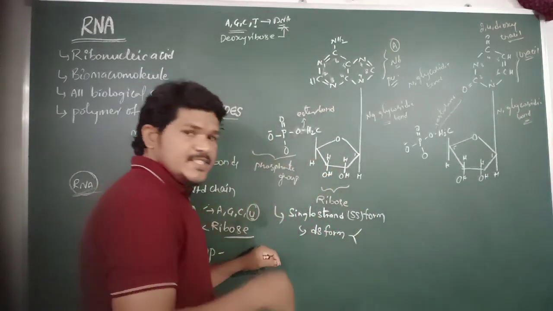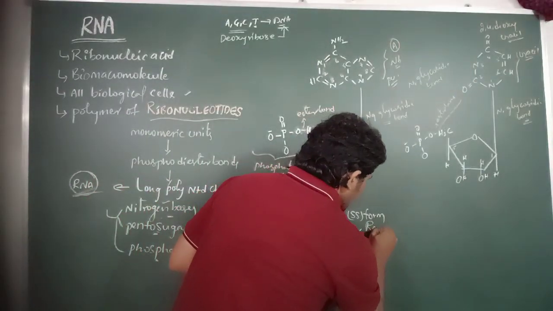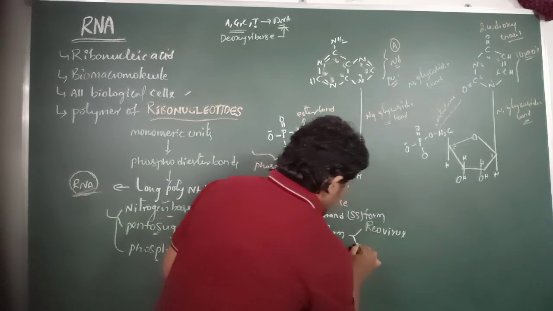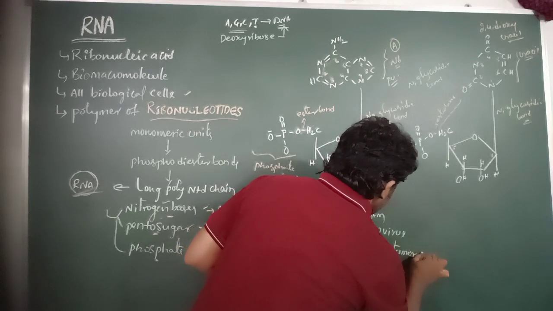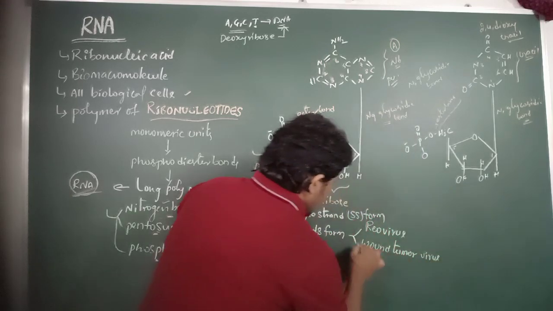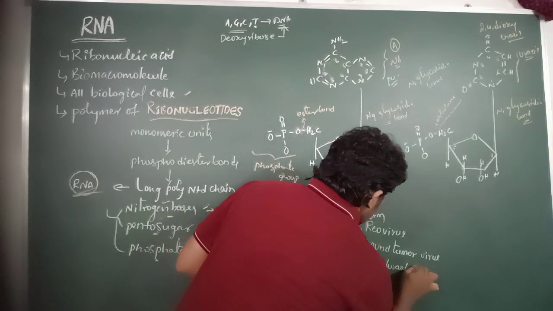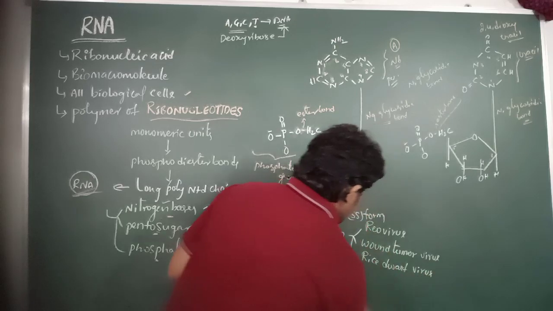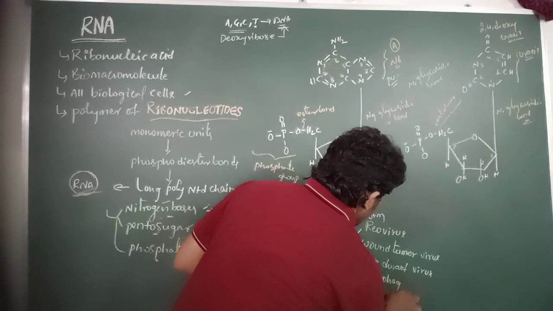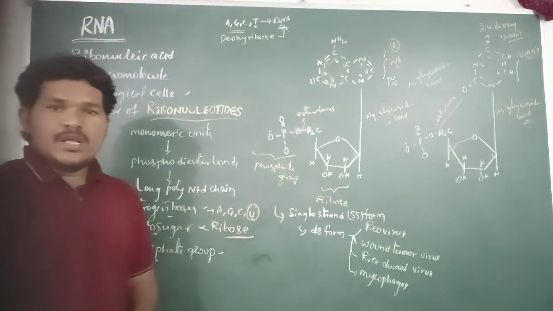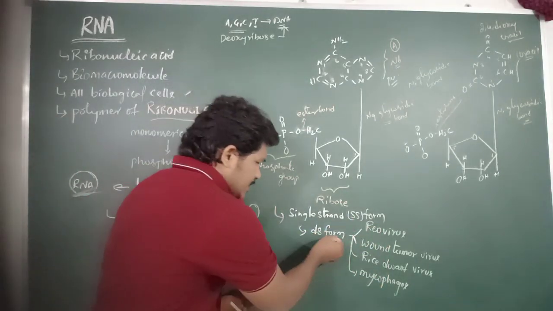Double-stranded RNA occurs in some viruses, such as reovirus, wound tumor virus, rice dwarf virus, mycophages, etc. In these viruses, RNA exists as a double-stranded form.